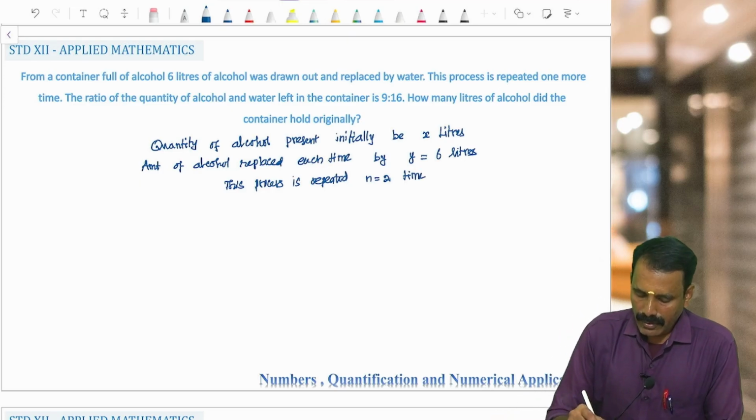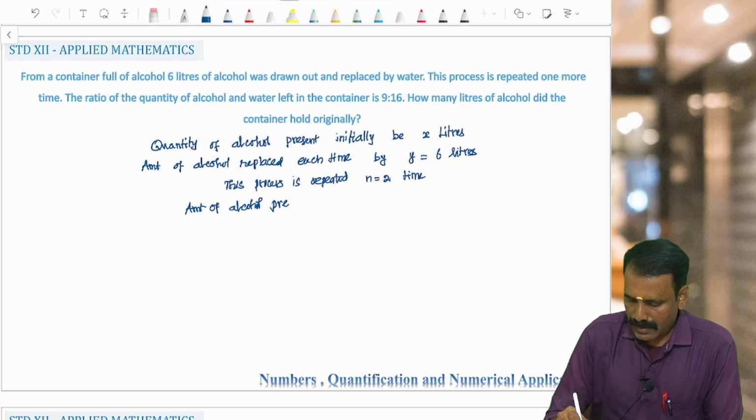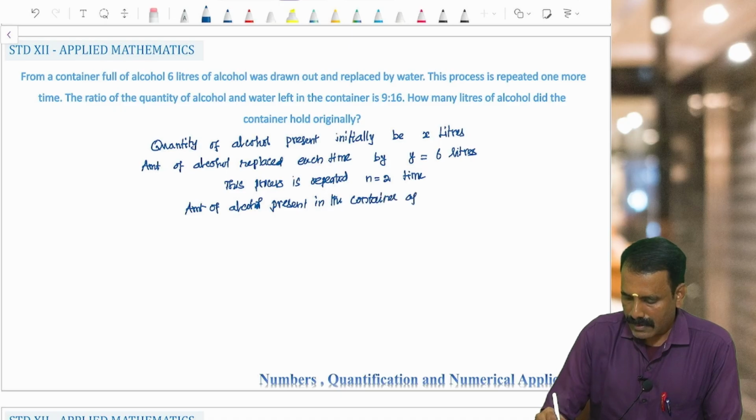Now we are going to find amount of alcohol present in the container after 2 such replacements.